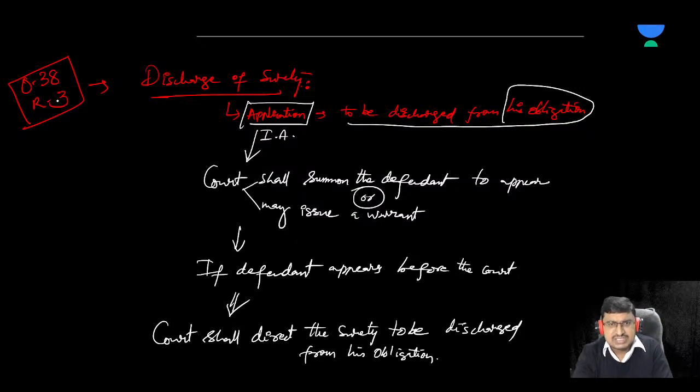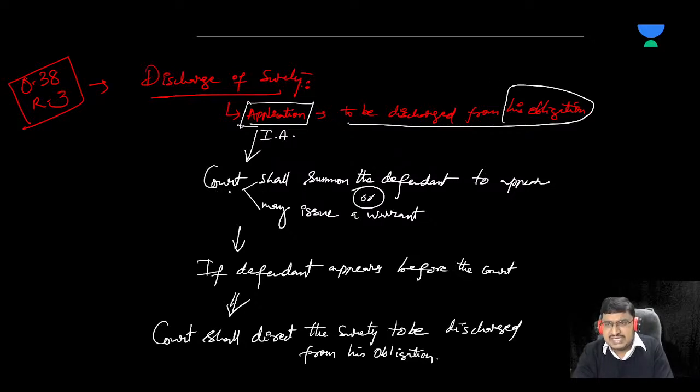Thereafter, Order 38 Rule 3 speaks about discharge of the surety. If the surety wants to discharge his obligation with regard to the claim in a particular suit in which he has furnished the security, he has to file an interlocutory application praying the honorable court to discharge him from his obligation in the specified case.